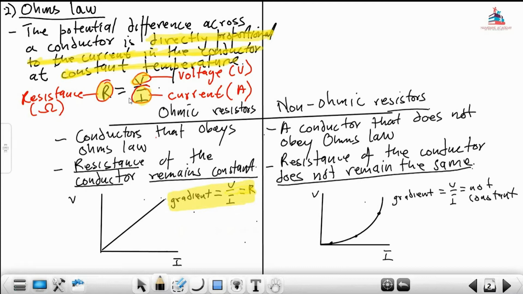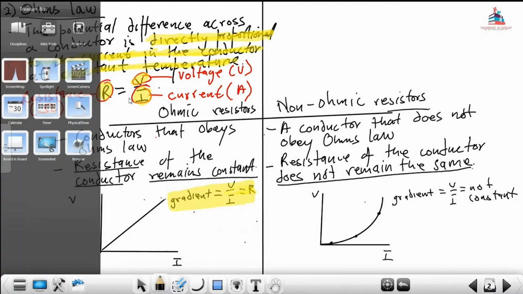But the key thing is, once you realize the graph is not a straight line, then you are working with a non-ohmic resistor. But once you realize you have a straight line, definitely you are working with an ohmic resistor. So what does that mean? It means you are working with conductors or resistors that obey Ohm's law. And if they obey Ohm's law, then we can use the equation R equals V over I.